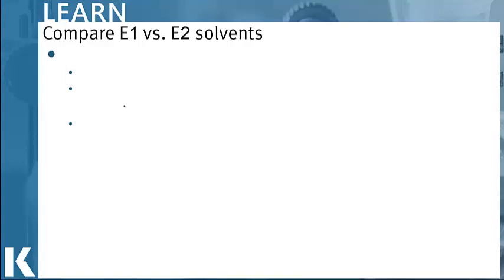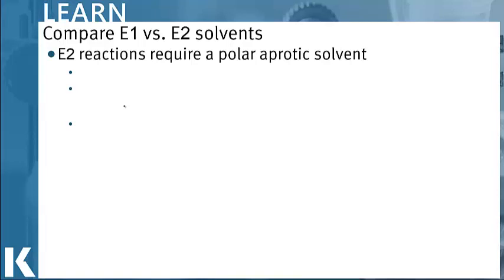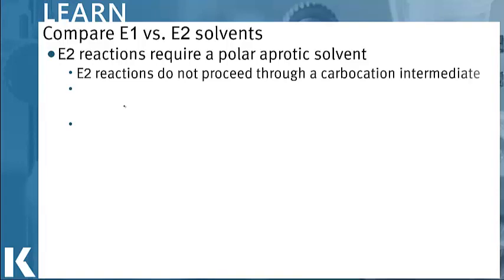E2 reactions, on the other hand, require a polar aprotic solvent. This is because E2 reactions do not proceed through a carbocation intermediate. So a polar protic solvent is not necessary for hydrogen bonding and stabilization.